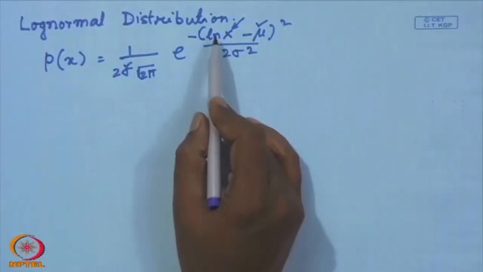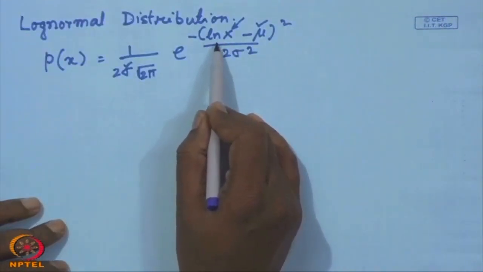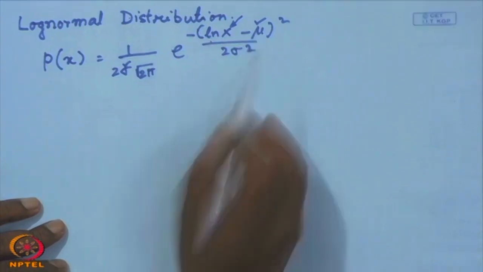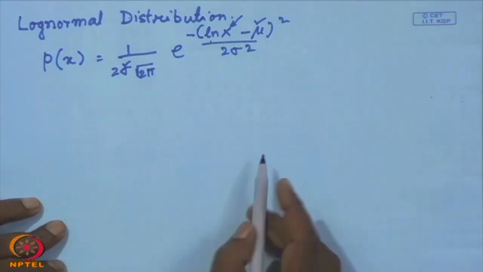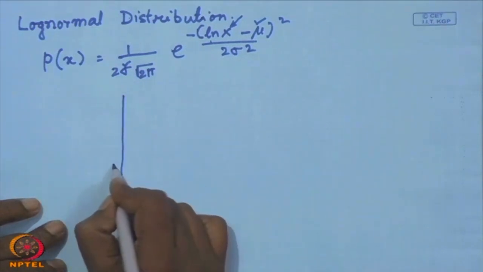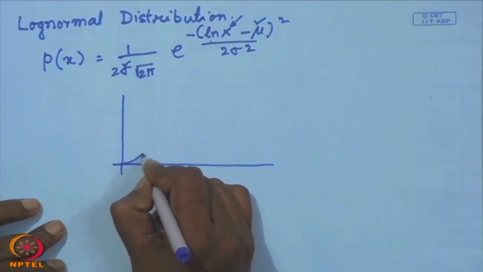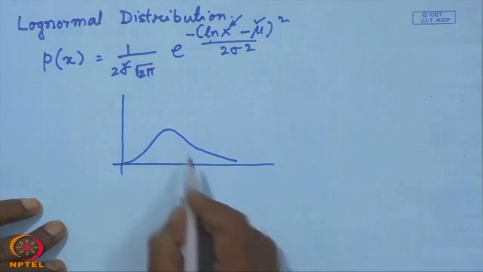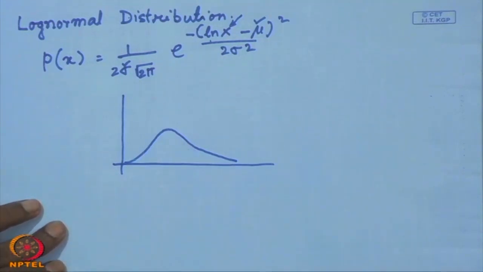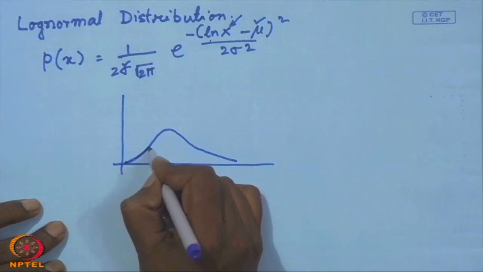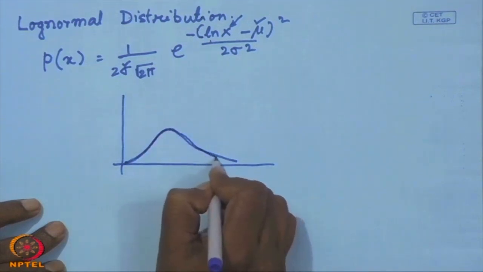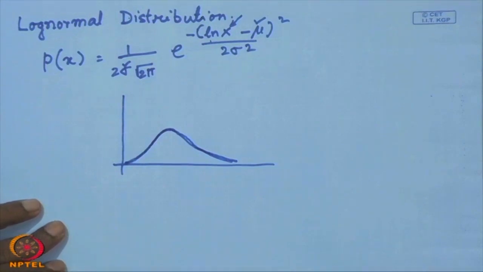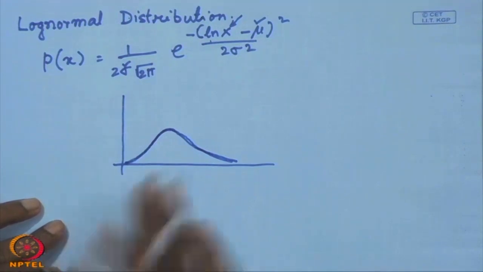In case of log normal distribution, the exponent contains log of x minus mu squared. And if you plot this distribution, it will look something like this, which is similar to our Gaussian distribution, but there is a slight difference. The slope on this side and the slope on this side may be different, or in general they are different. Similarly, there is another form of parametric distribution, which is called exponential distribution.